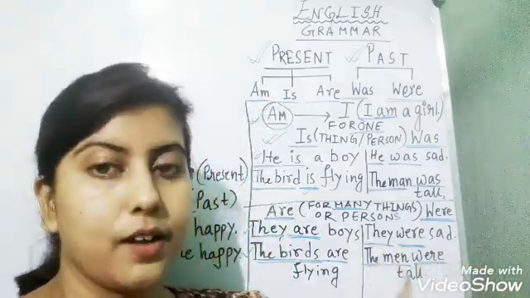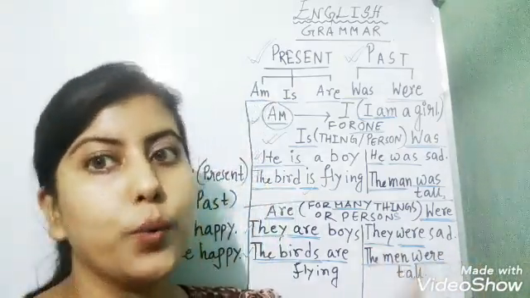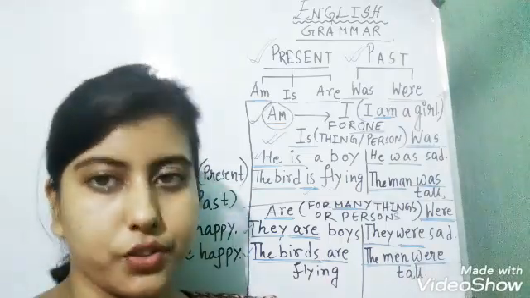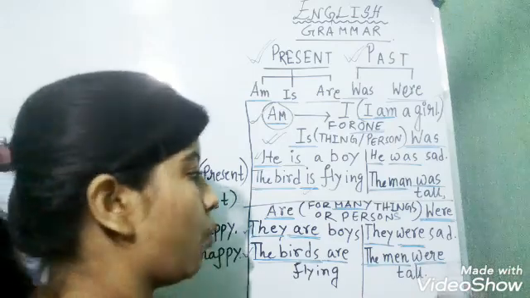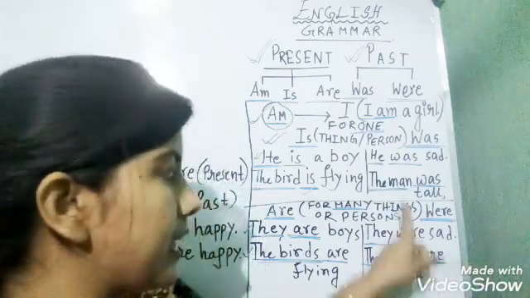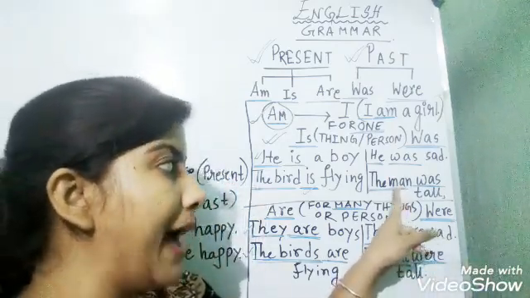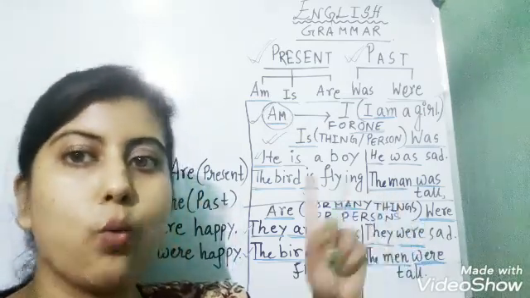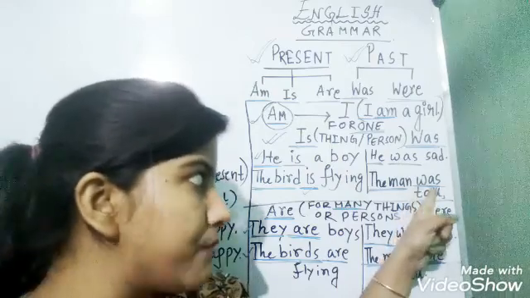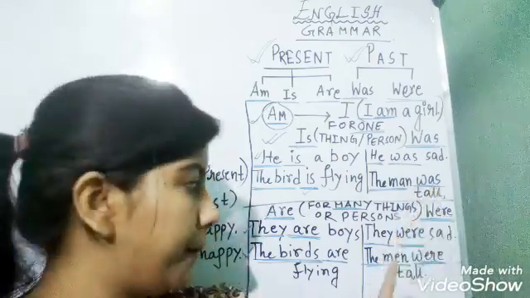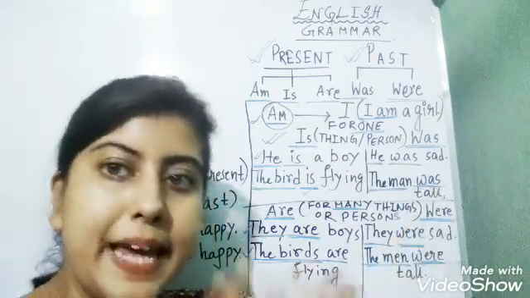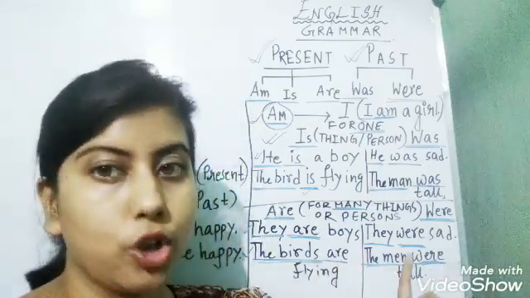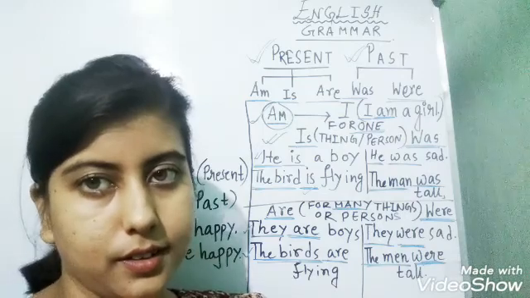With the men, we are denoting multiple persons, so we will use were. Here we had the man. With the man, we are denoting one man, so we have used was. But here we have many persons, so we will use were, not was.